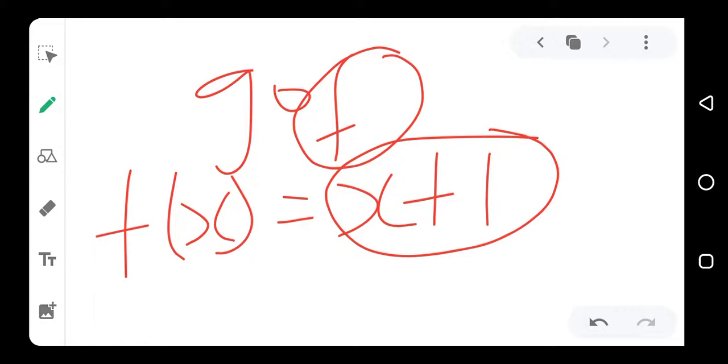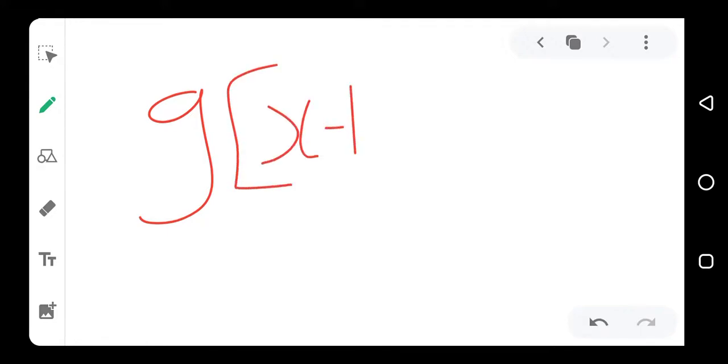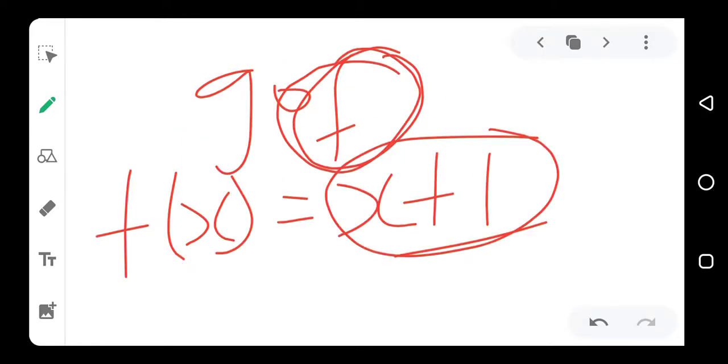We just replace this f by the expression for f of x. So it is now going to be g, putting the expression for f of x, we have g of x plus 1. So this is now replacing the f here.